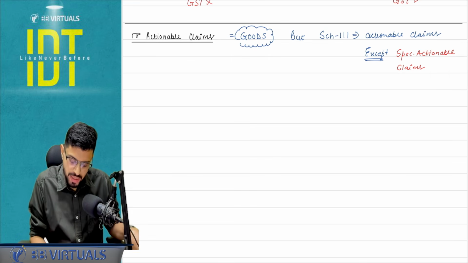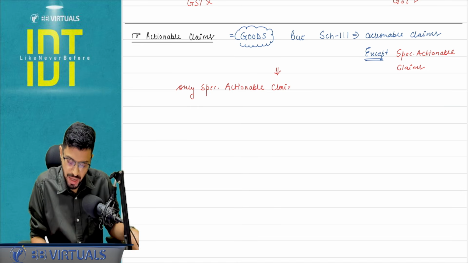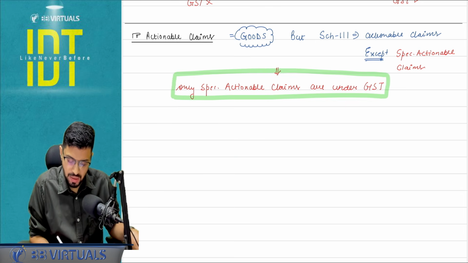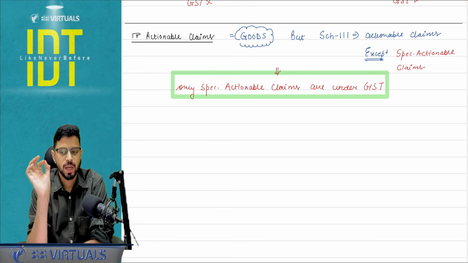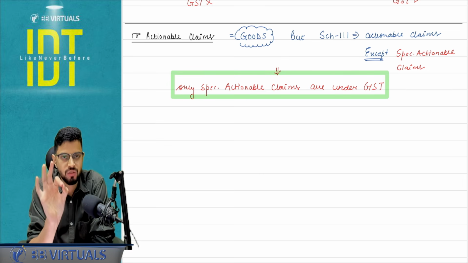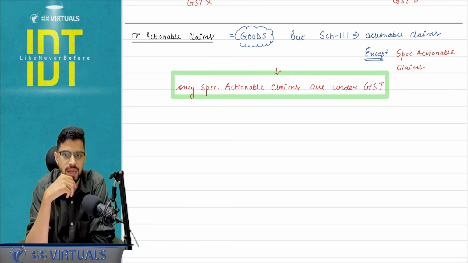The conclusion today stands that only specified actionable claims are under GST. Because all other actionable claims will be thrown out of the definition of supply, means from negative list, it will be put in schedule number 3.